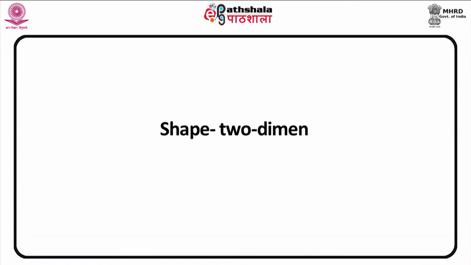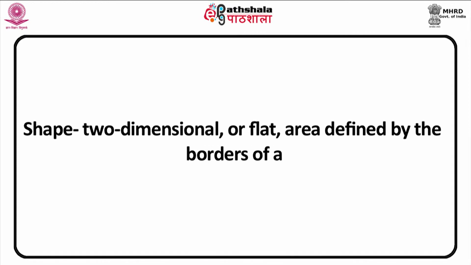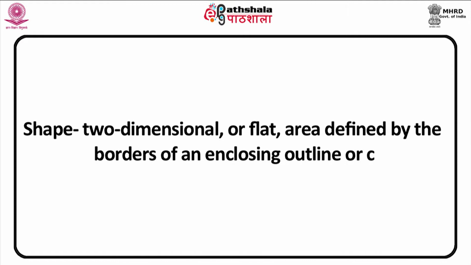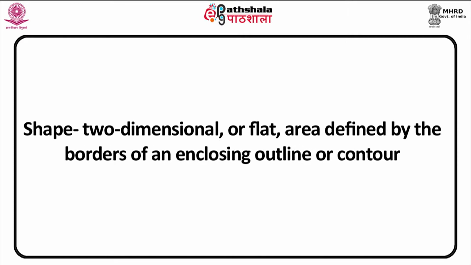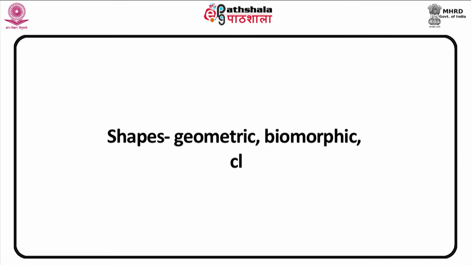Shape is the two-dimensional or flat area defined by the borders of an enclosing outline or contour. Shape can be geometric, biomorphic, suggesting living things, sometimes called organic, closed or open.